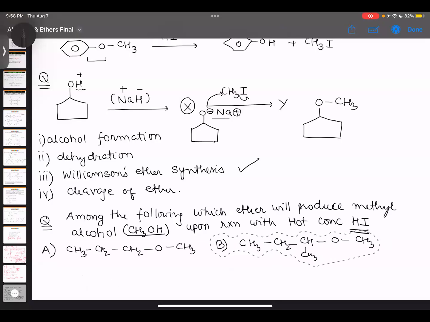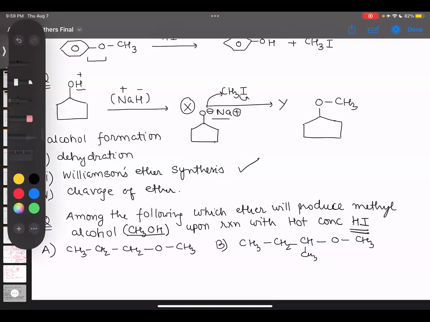So, which mechanism basically it is following, whether it is SN1 or SN2, right? That you need to figure out to get the correct answer.